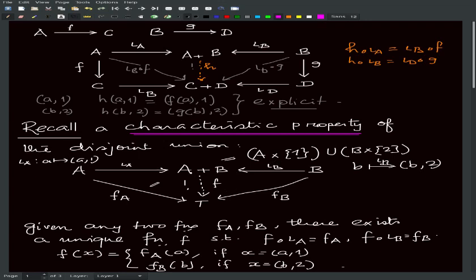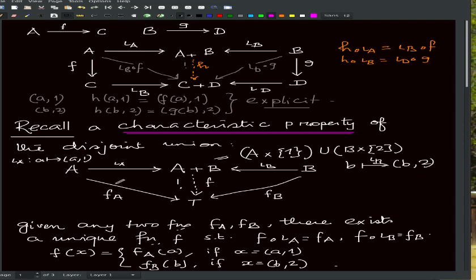Is this not nice? This is an alternative way to think of it. You never need to look inside what is there in that set, but up to a bijection you can completely determine that set. If you are happy with that, it depends on what kind of state of mind you have. If you are happy with that, well, then that is it. So this is a characteristic property.